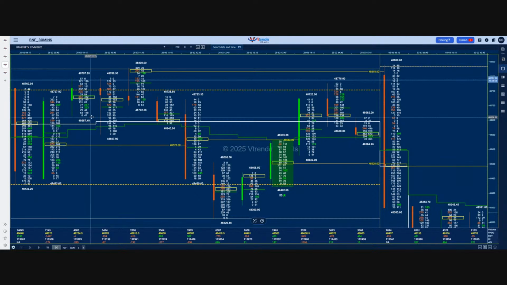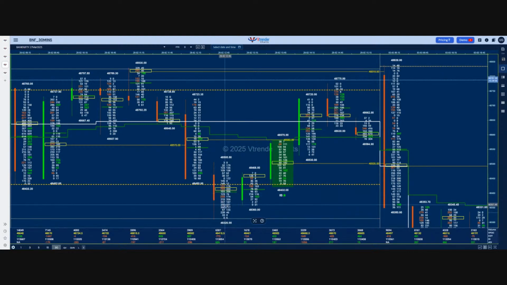So we made an extension higher, but this range extension to the upside failed, and we got an RS. In fact, this 48830, you can see even the cot was more on the red.